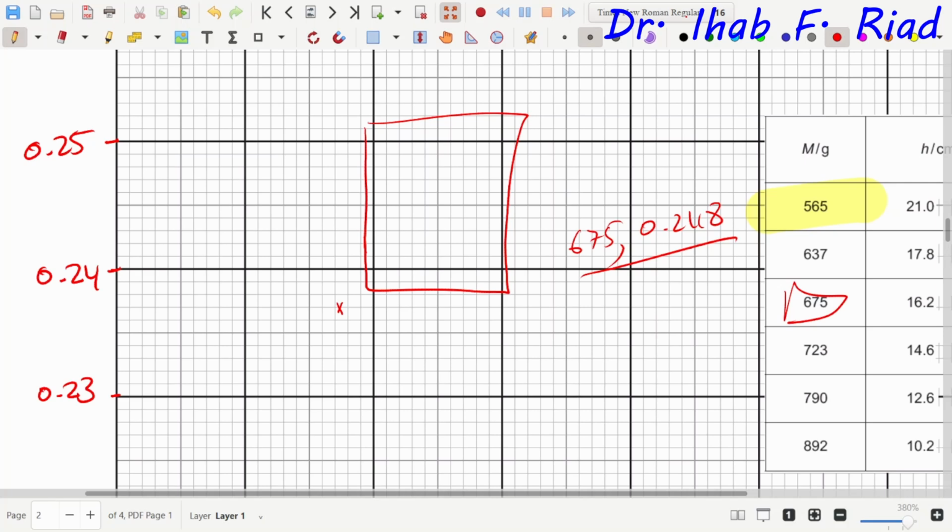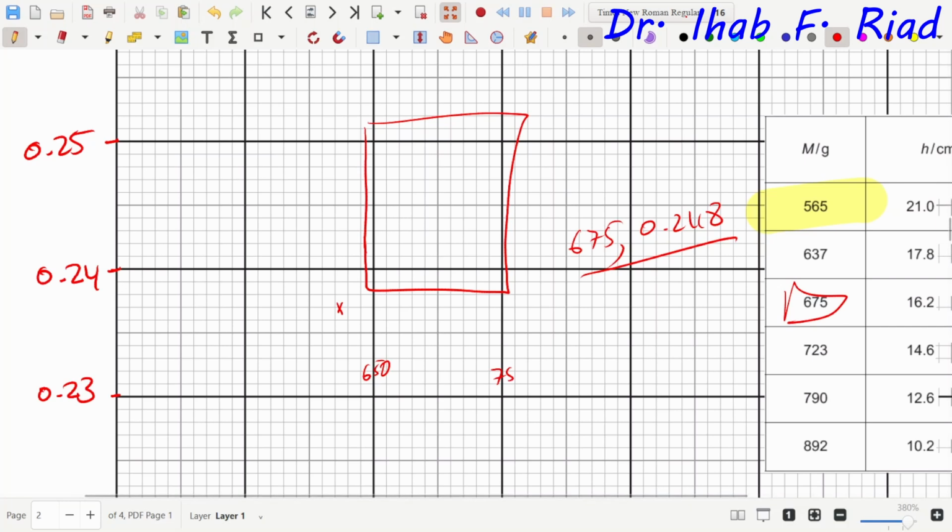Now, 675. Again, we can do the counting, or we can use our simple calculation. Now, this one is quite simple. This is 600, or 650. This is the 650 mark, and this is the 700.